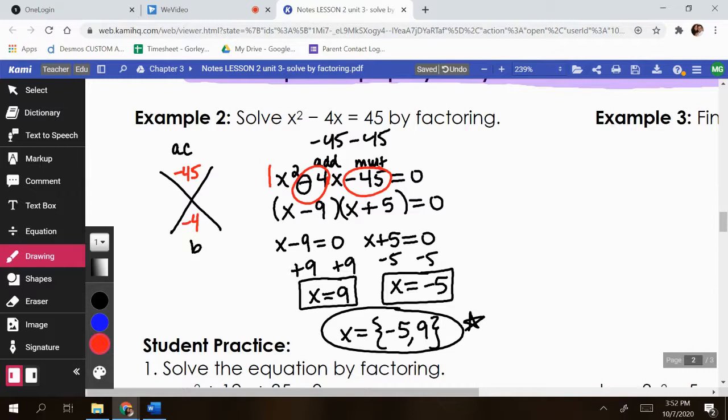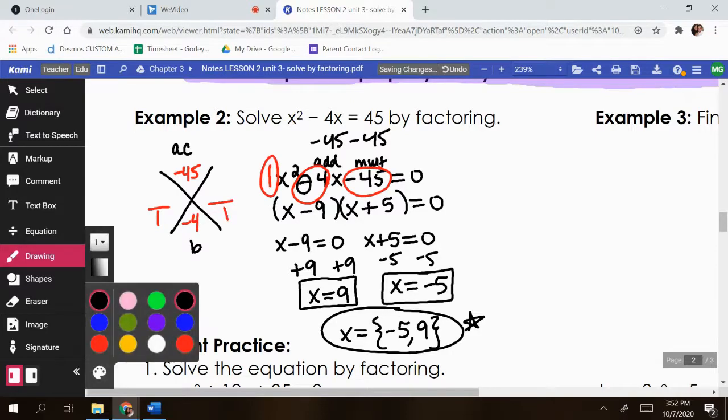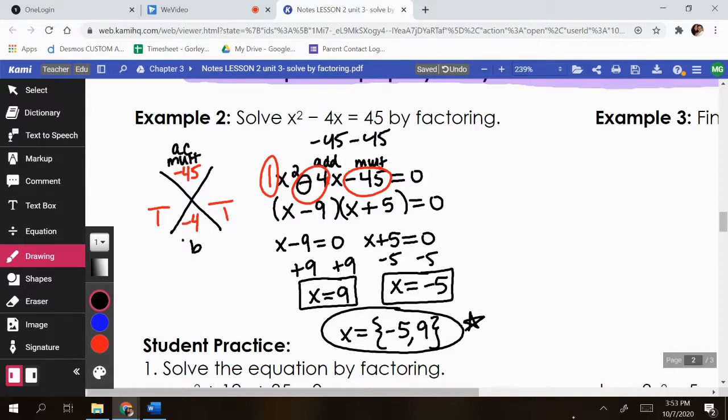Then we put it over the leading coefficient, 1. And then I'm asking myself, what would multiply to give me negative 45, but sum to give me B? That would be negative 9 and 5. Then we think about just rotating this. So that's where we get the x minus 9 factor and the x plus 5 factor.